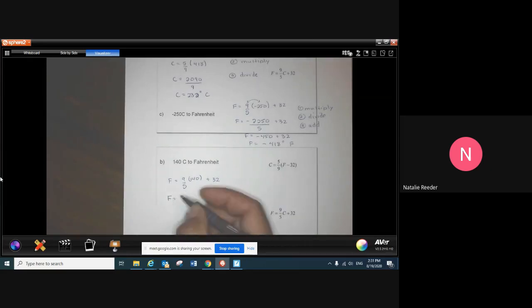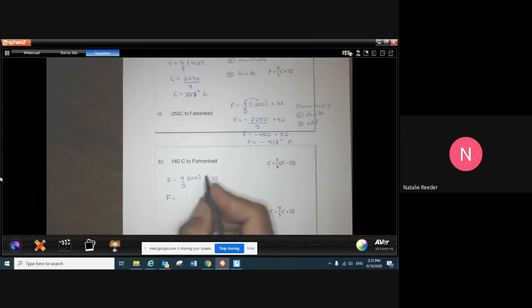So step by step, we multiply first. 9 times 140 gives me 1,260. I write down what I have left. Then I need to divide. 1,260 divided by 5 is 252. And then finally, I add the two together, which gives me a temperature of 284 degrees Fahrenheit.